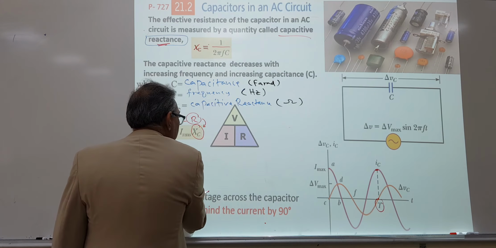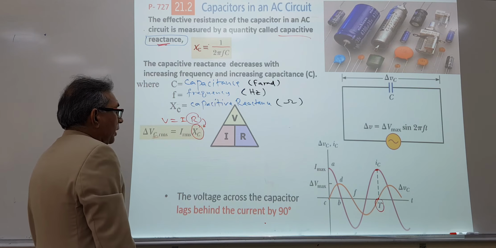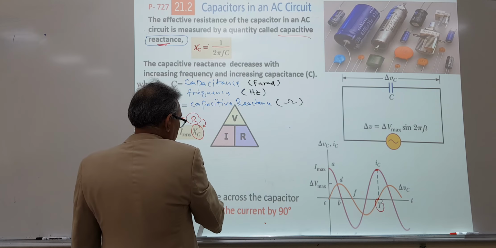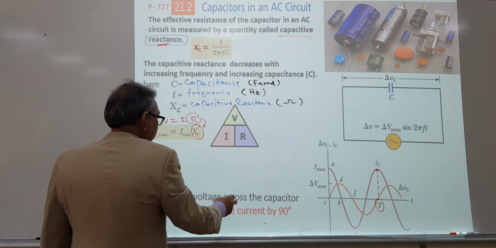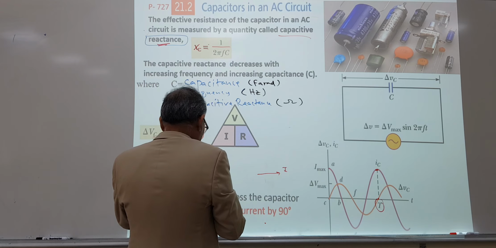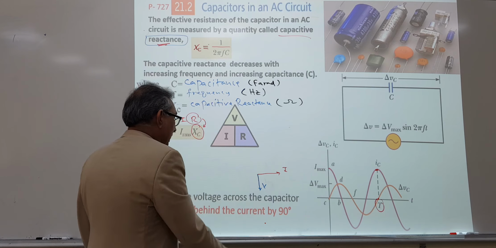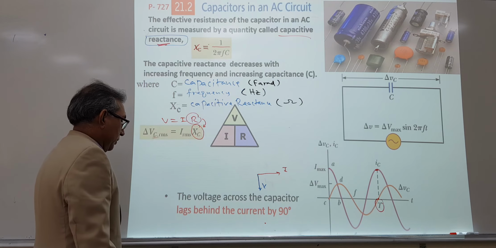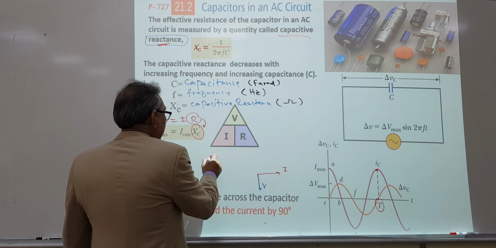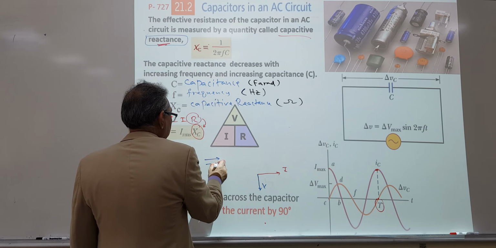So in this case current is leading. Keep in mind, we will use this data in the RLC series circuit again. So the voltage lags behind. If this is the current, this is the voltage, 90 degrees lagging behind. In the case of a resistor, current and voltage were in the same direction.